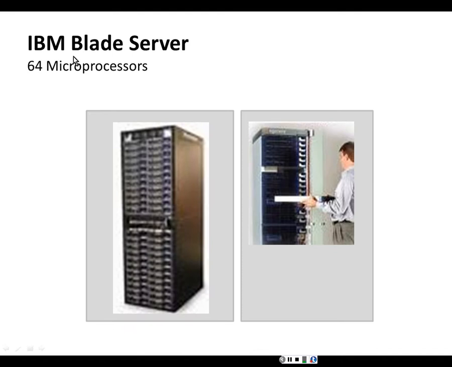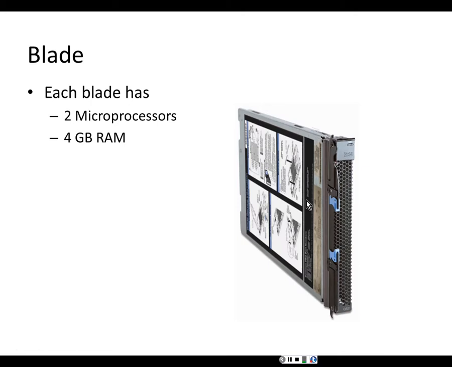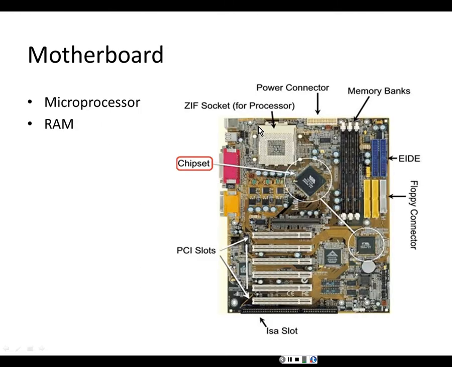At CCBC, we have this big old blade server, and it's as tall as I am. And it has multiple blades, and each blade looks like a lunch tray. But if you pull it out, you will see that this blade has 2 microprocessors and 4 gig of RAM. Each blade is kind of like a motherboard, and you know what a motherboard is.